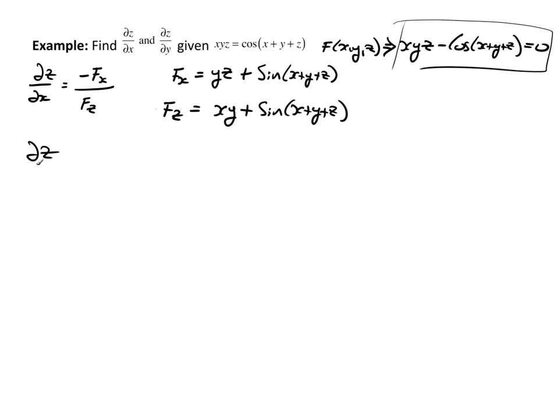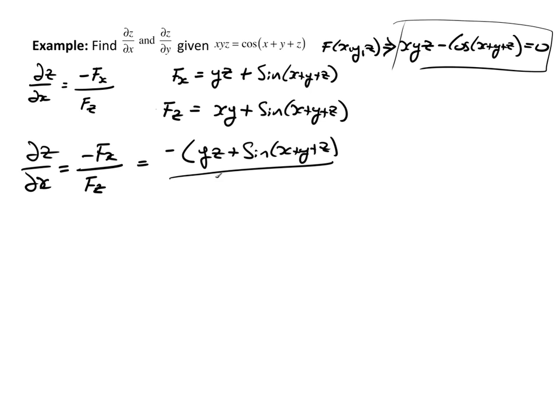So the partial of z with respect to x is going to be the negative of the partial with respect to x of this function f, once it's set equal to 0, over the partial with respect to z, which in this case is going to be the negative of yz plus sine of x plus y plus z divided by xy plus sine of x plus y plus z.